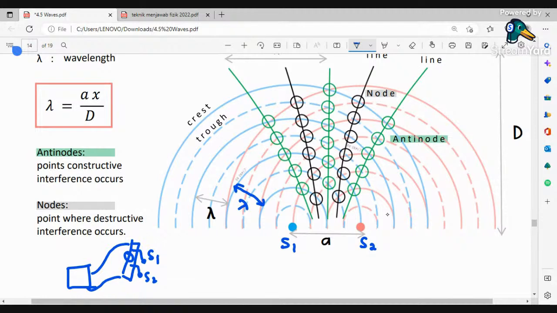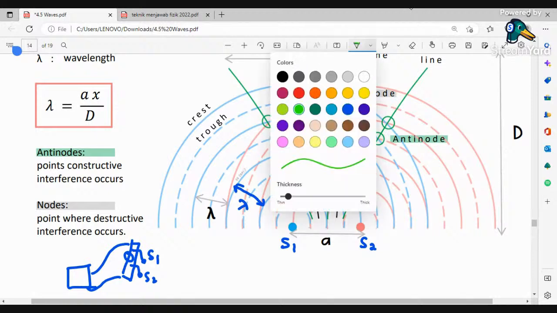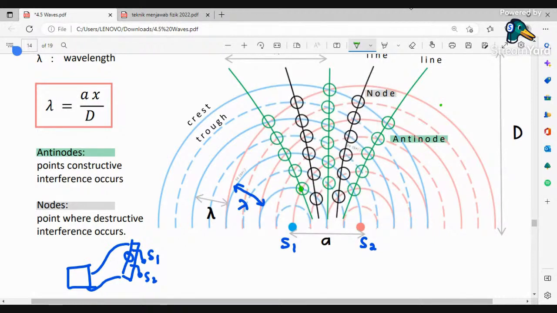Okay, let's look at what happened. You can see the waves produced by S1 and S2 meet at certain points. Look at the green color dots here. This one you can see is crest meets crest, this one is trough meets trough. Crest, mid crest.